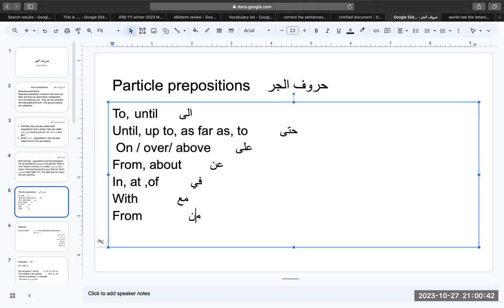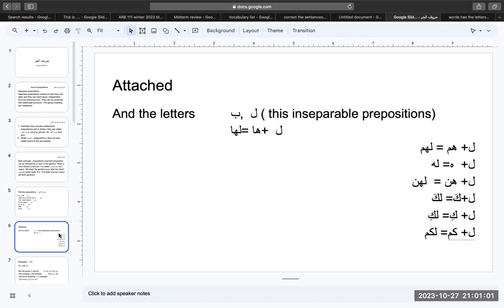And this is min, which means from. Okay, it's not men, it is min. And this is the most used one.